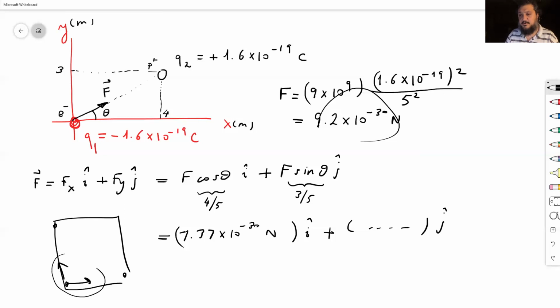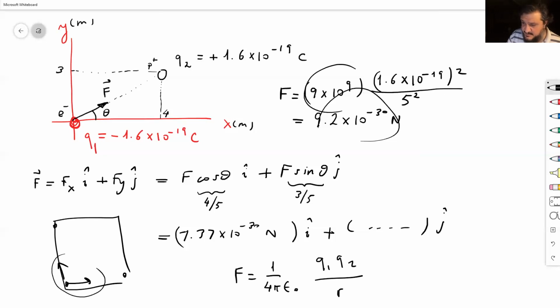That's the Coulomb force. Let's remember the Coulomb force is 1 over 4 pi epsilon 0, which is this constant here, times Q1 times Q2 divided by the square of the distance between the 2 charges. What if you don't have 2 charges or 3, but many, many charges, okay?